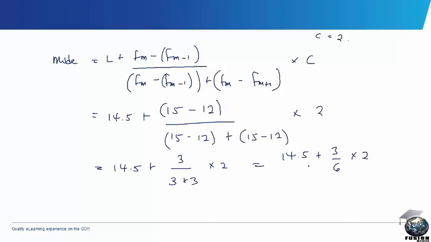We can do these computations together: 3 over 6 times 2 is 1, and we have 14.5 plus 1 as the outcome. Therefore the modal class, or the mode, is equal to 14.5. And so how do we find the median?